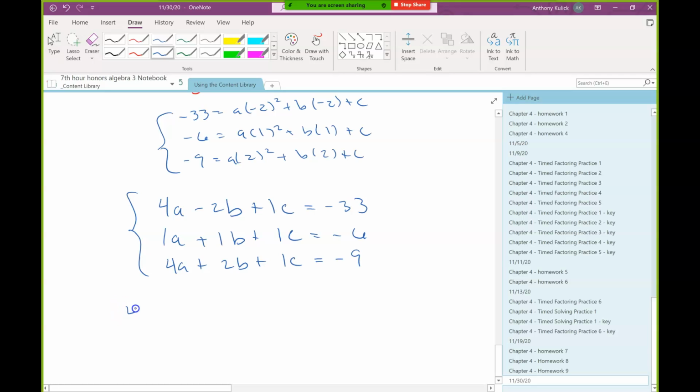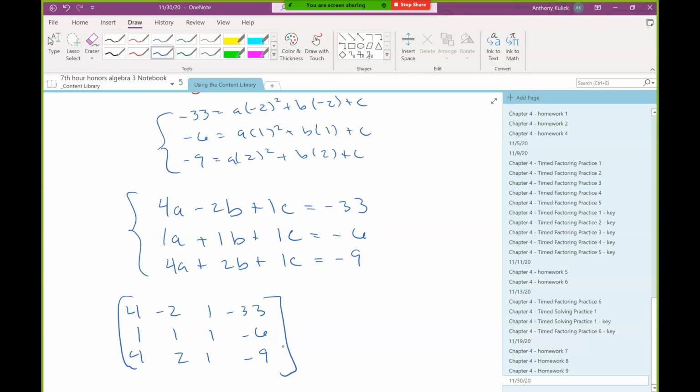Now that I have it in this form, I can turn this into a matrix where I'm just going to take the coefficients from my system to make a 3x4 matrix. So I have 3 rows and 4 columns. And we just do the RREF command on this matrix, and that should output my answer.